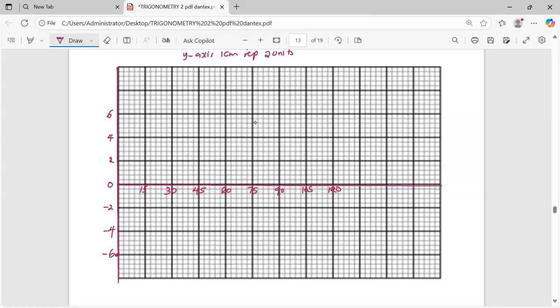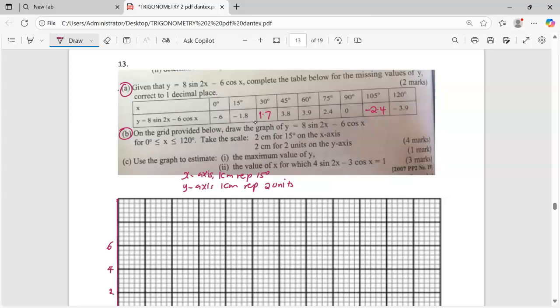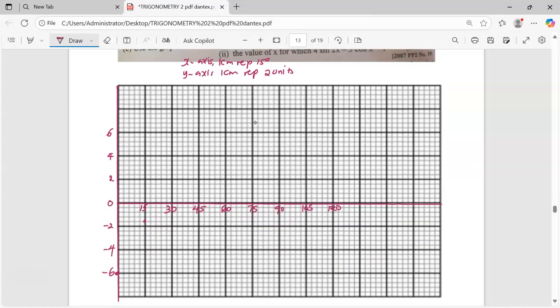Negative 1.8 is at this point. At 30 degrees, we are going to have positive 1.7. 1.7 is going to be, 1 is midway, and therefore 1.7 is going to be around this point here.